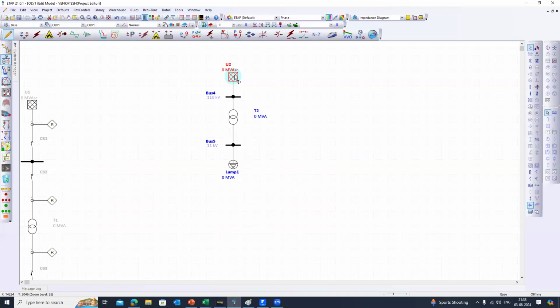But suppose I connect a load here and connect a source at this point. Then your primary will be 11 kV and your secondary will be 110 kV, right? Because the power flow will be in this direction.